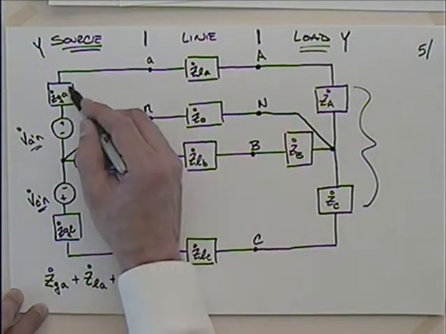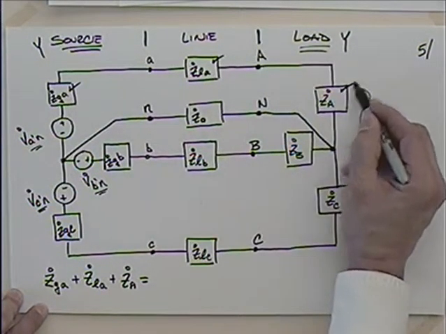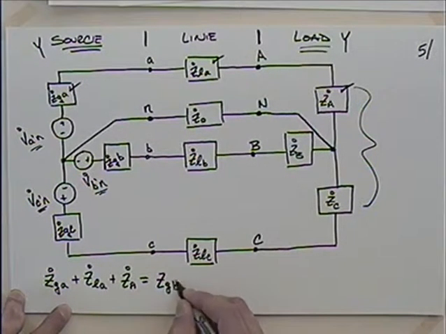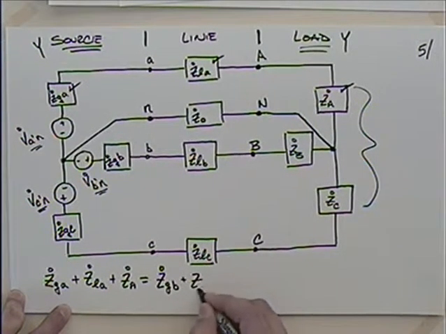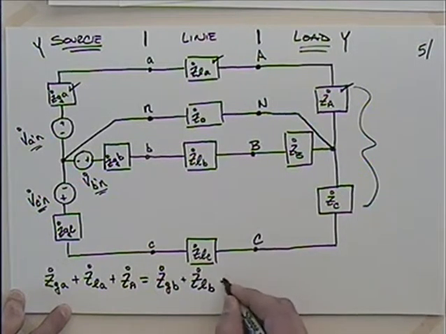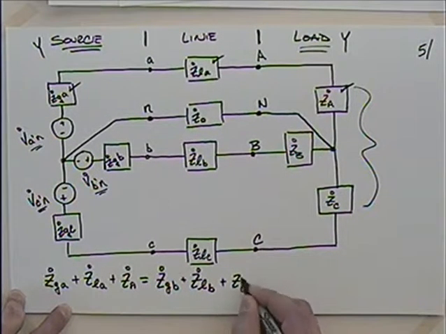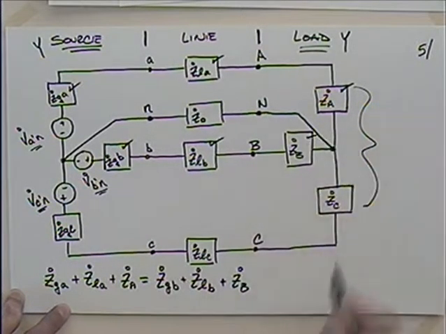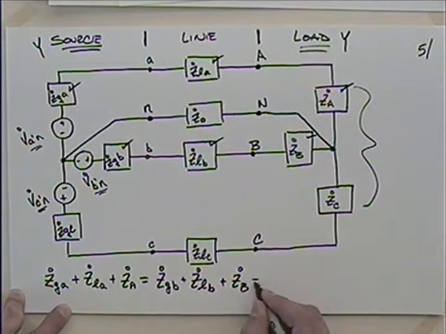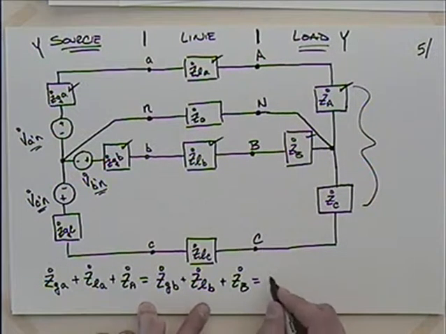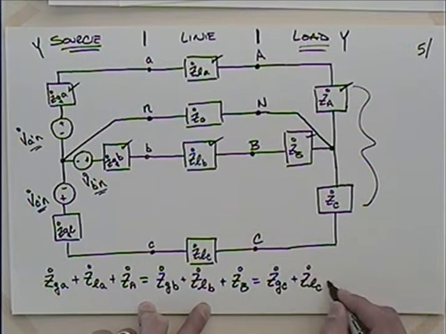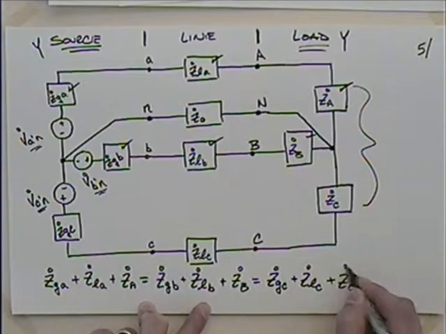That is to say that this plus this plus this had better equal Z sub G for B plus Z sub L for B plus Z sub B, right? Better equal this plus that, right? And I guess for completeness' sake, that had better be the same as what? Z sub G C plus Z sub L C plus Z sub C.